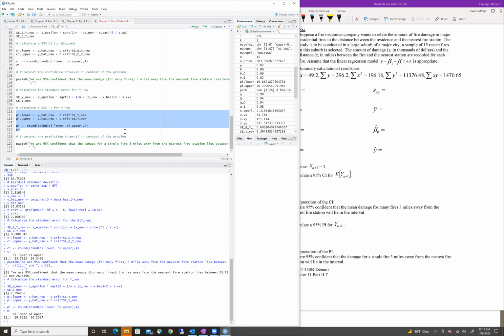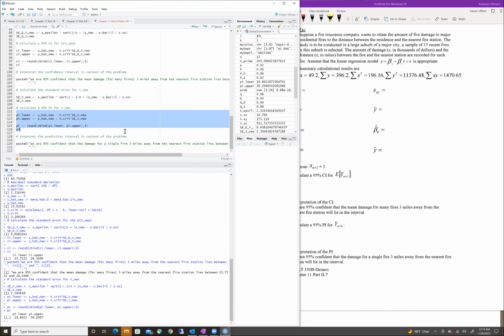It seems subtle, but if you think about the average damage for homes that are 3 miles away, one home could have a lot of damage, another home could have less damage. So for the confidence interval, the average damage is going to be less variable.